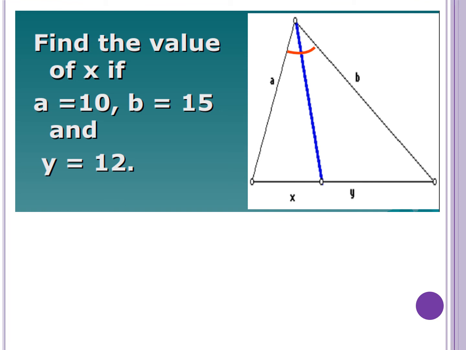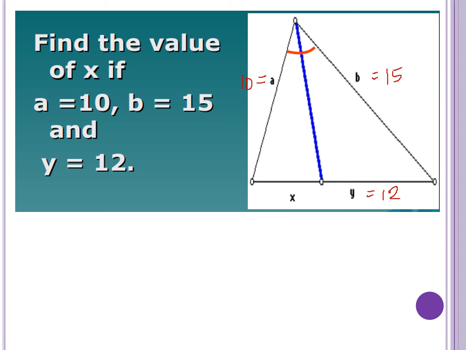Let's have an example. Find the value of x if A is equal to 10 and B is equal to 15, Y is equal to 12. So here we will apply the triangle angle bisector theorem. A is equal to 10, B is equal to 15, and Y is equal to 12. So we are to solve for x.